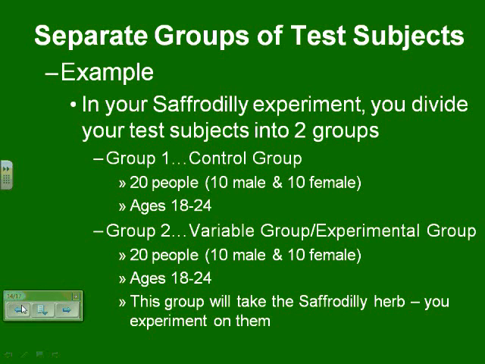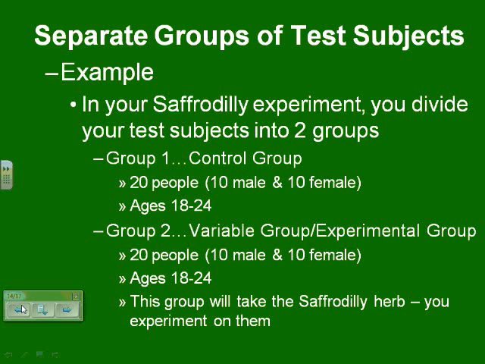Group 2, which would be our experimental group or our variable group, is going to be 20 people as well, 10 male, 10 female, ages 18 to 24. It'd be even better if you could make, for every 18-year-old male in group 1, there's an 18-year-old male in group 2. You want to keep them as similar as possible. All right, identical twins are often used in experimental design. Right, they're easy to use because of their similarities.